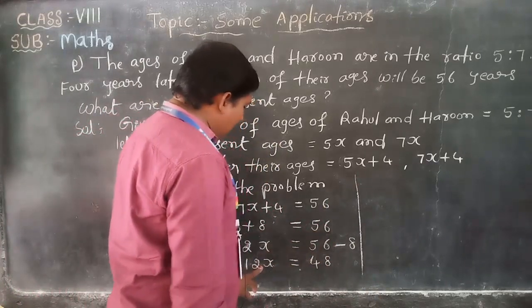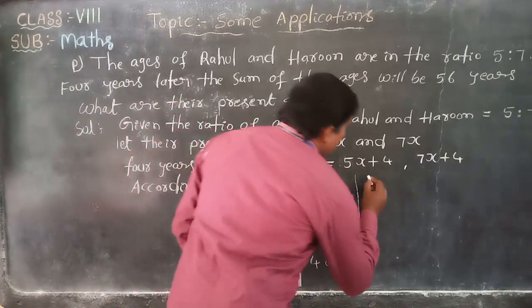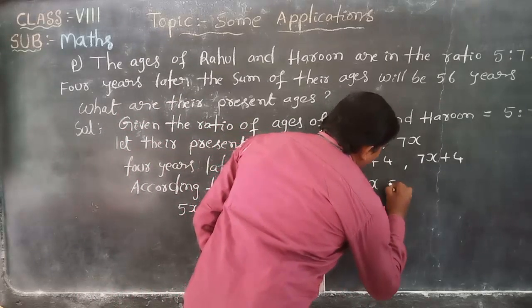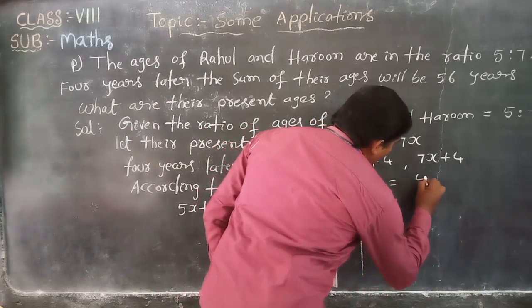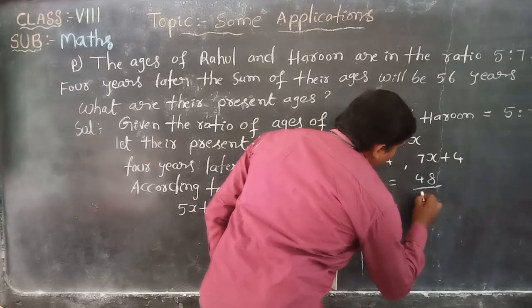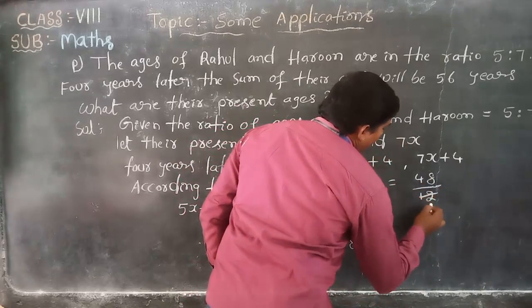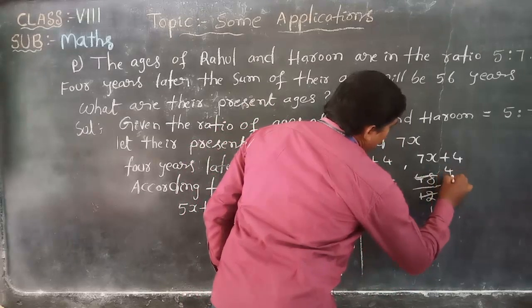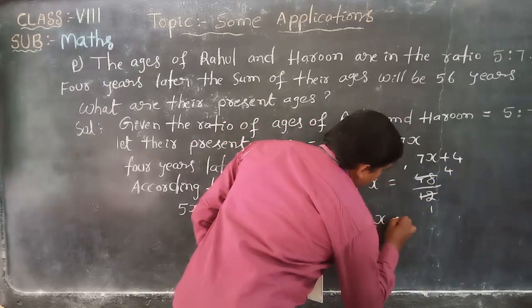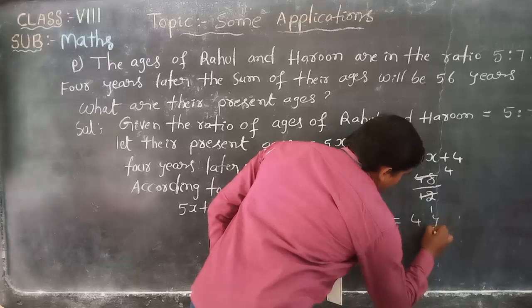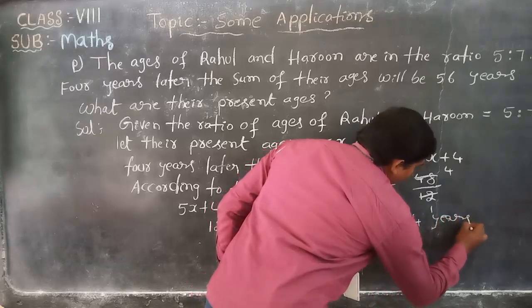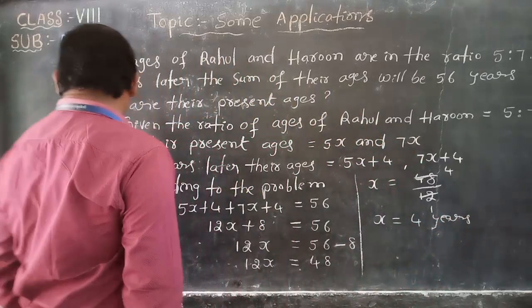Next, here multiplication is going means by. x is equal to 48 by 12. Possible cancellation. 12 1 jar, 12 4 jar. x is equal to 4 years. We got x is equal to 4 years.